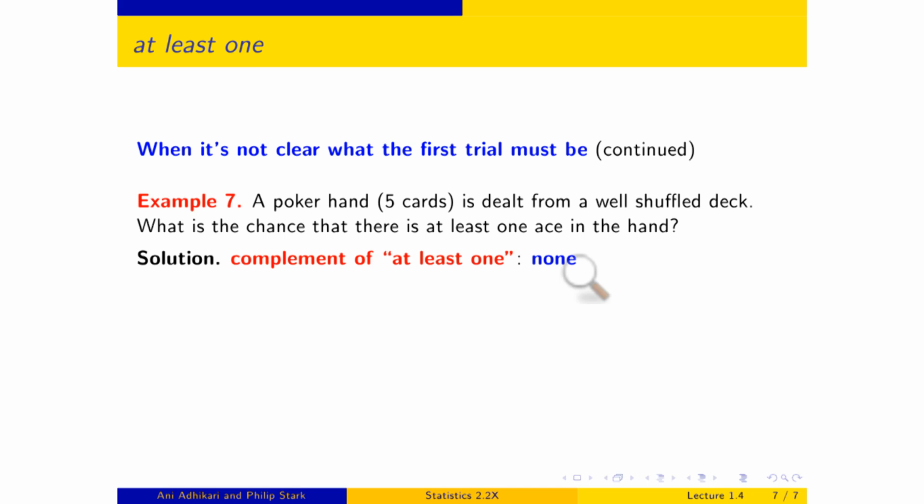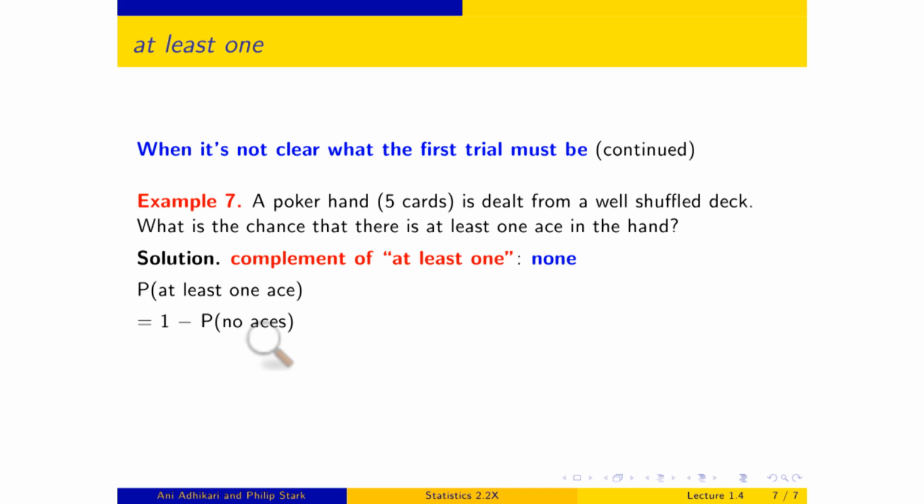That list is very short, no aces. Everything's a non-ace. So what we are going to do is calculate the chance of getting at least one ace as 1 minus the chance of the complement. 1 minus the chance of getting no aces at all. So now our job is to find the chance of getting no aces at all. So how do we do that?